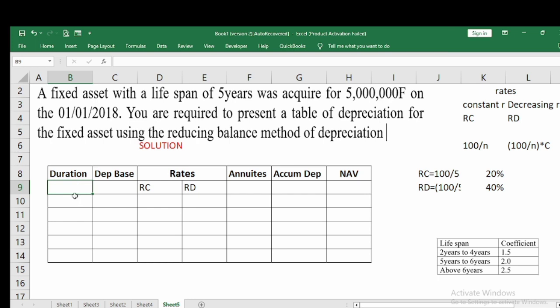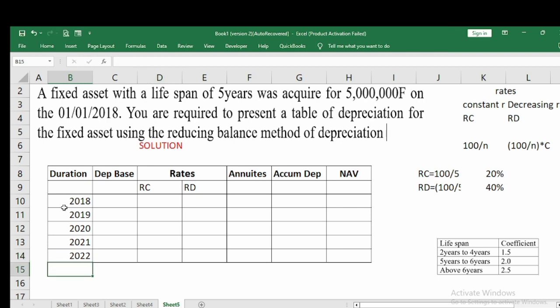So in our durations here, since this is from 2018, we have 2018, we just put 1 year to 2018, 2019, 2020, 2021, 2022.